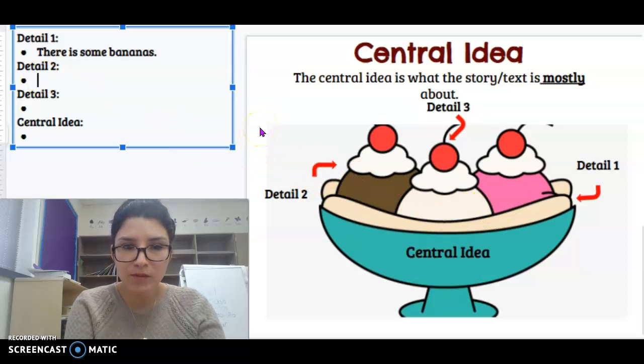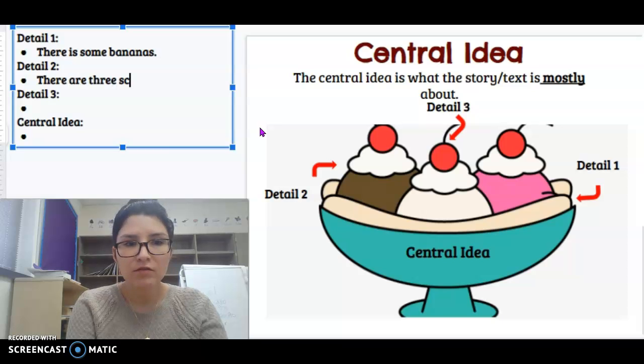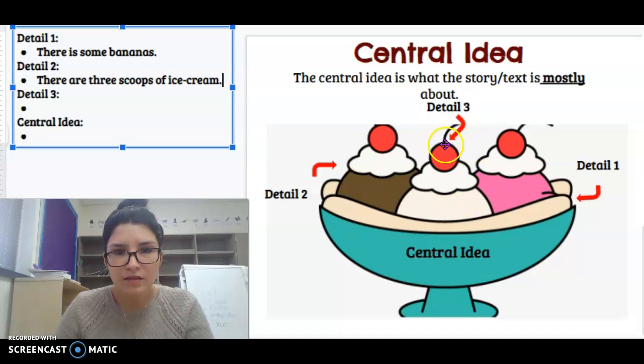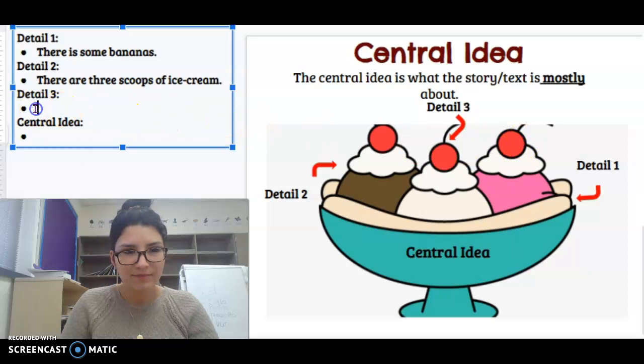There are 3 scoops of ice cream. Okay, detail number 3. What is this? These are cherries.